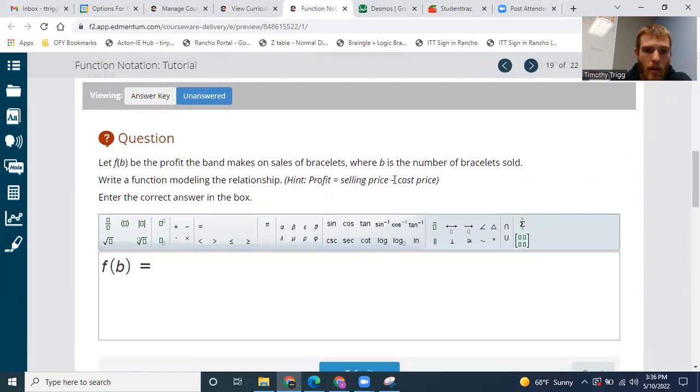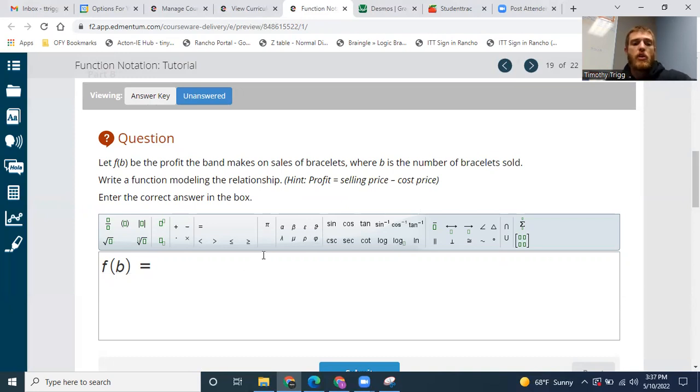All right, we want to be writing this function, F of B, which is the profit function. So for profit, this is a general equation, not just for this problem, but in general, profit is always the selling price minus the cost. In other words, revenue minus costs, that's how we calculate profit.